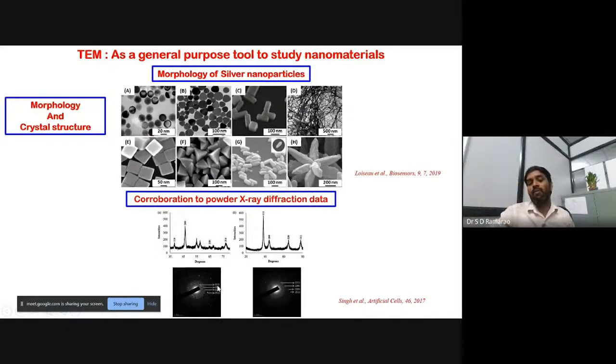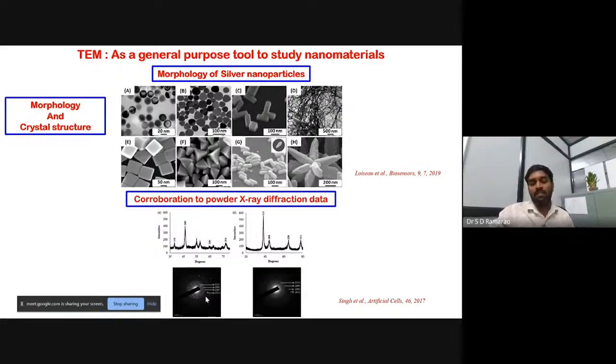And you see this plane 111 is exactly matching with this 111 and 200. We call them HKL values, and they are matching. That means TEM is not just for imaging purposes. You can do electron diffraction, and you can support your powder X-ray diffraction data with the electron diffraction images.